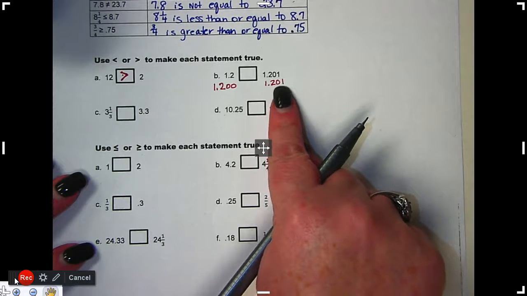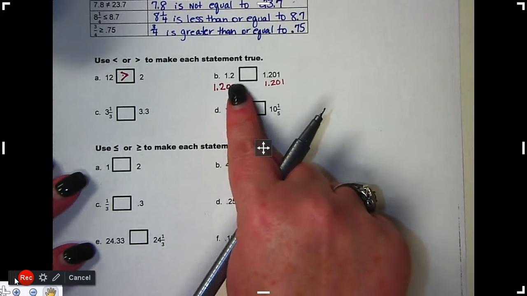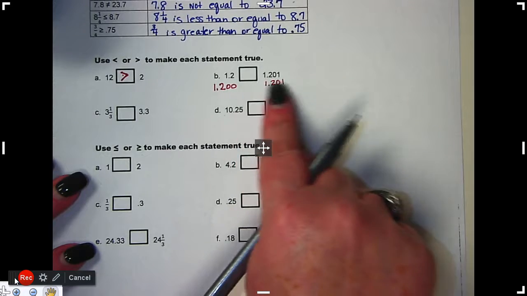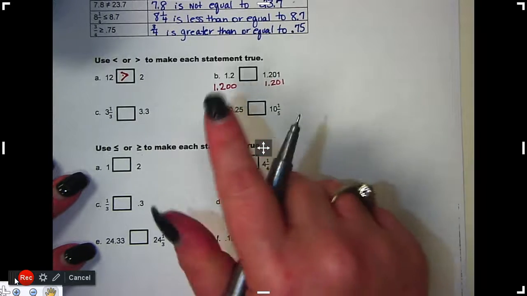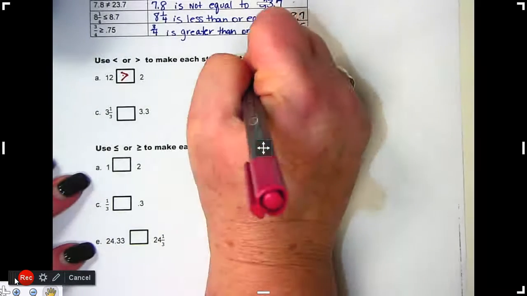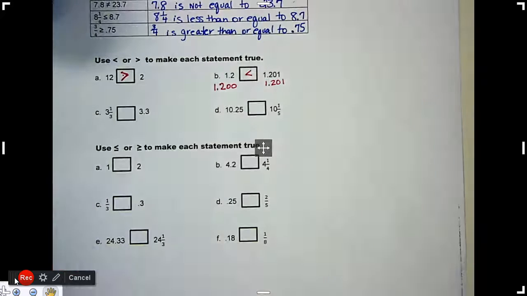This one is bigger. You think it looks different, but you've got to add 2 zeros. And so this is less than. 1 2/10 is less than 1 201 thousandths.